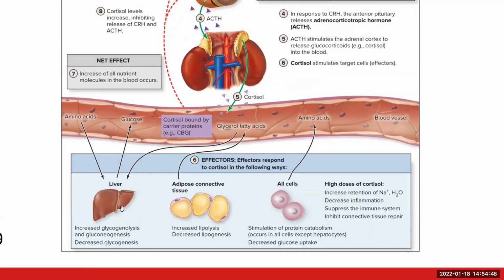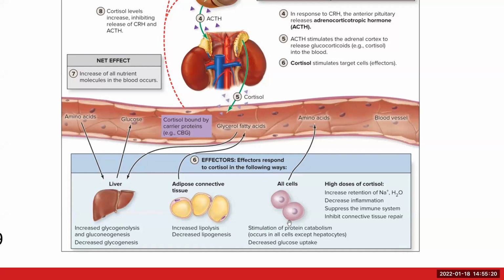In the liver, we want to increase our nutrient levels, so we're going to increase anything that we can do to break down stored glucose or to make new glucose, and we're going to inhibit any storage processes for glucose. Same thing in adipose tissue: we're going to increase lipolysis to release the triglycerides, and decrease the creation of those triglycerides.